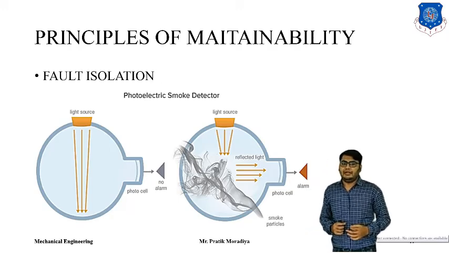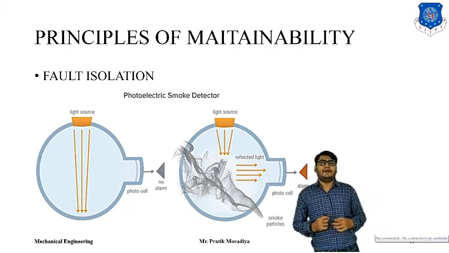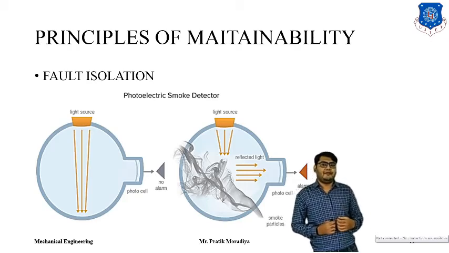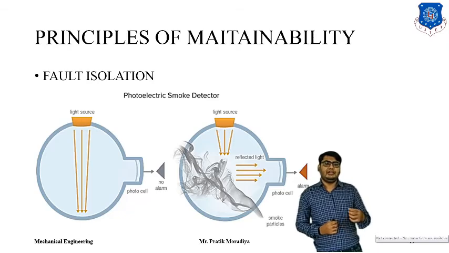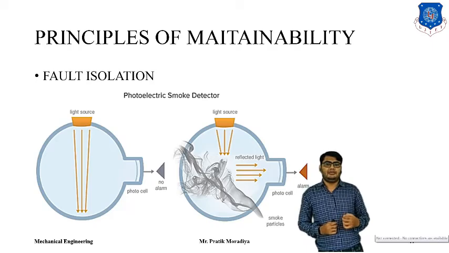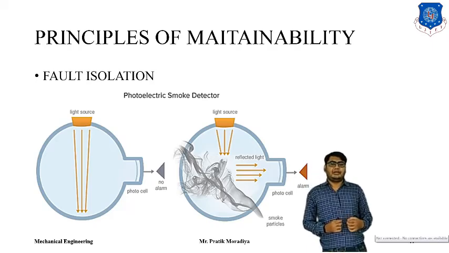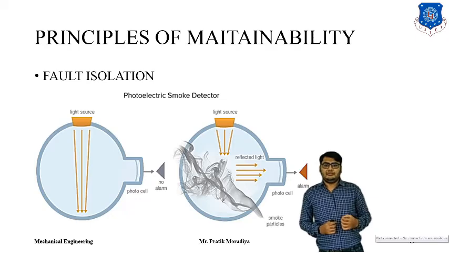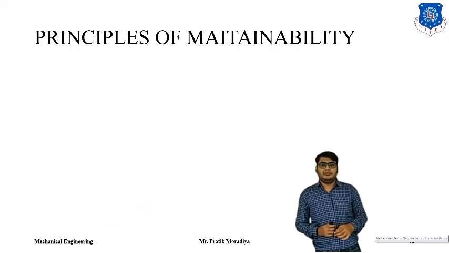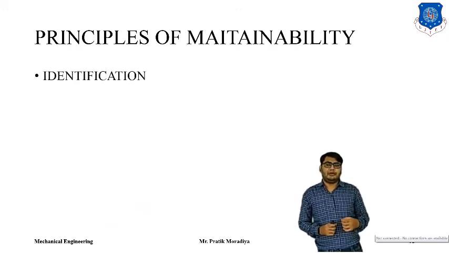For example, if you are using a fire detection system, then the job of the fire detection system is to detect if there is a fire or not. Once the fire is detected, we need to isolate that fire. So how can we reduce the spreading of fire? By using some type of sprinkler, etc. So this will make sure that your fault is isolated in a particular space. So this is what we mean by fault isolation.